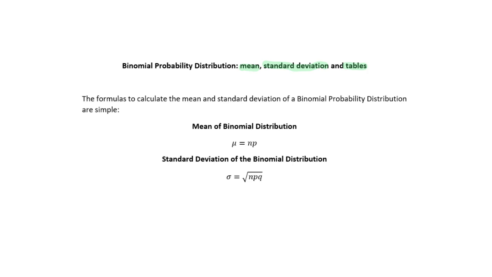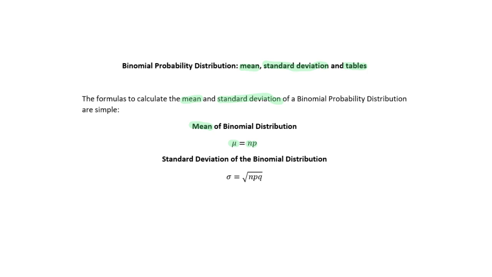The formulas to calculate the mean and standard deviation of a binomial probability distribution are simple. The formula for the mean, mu, is equal to n times p. N is the number of trials, and P is the probability of success for each trial.